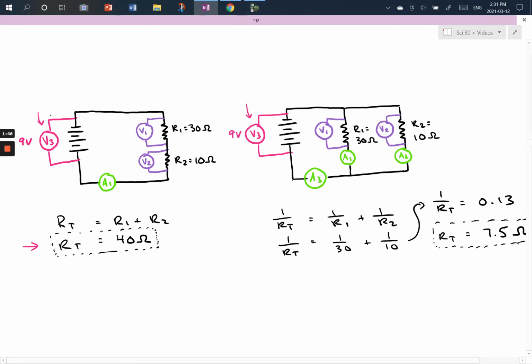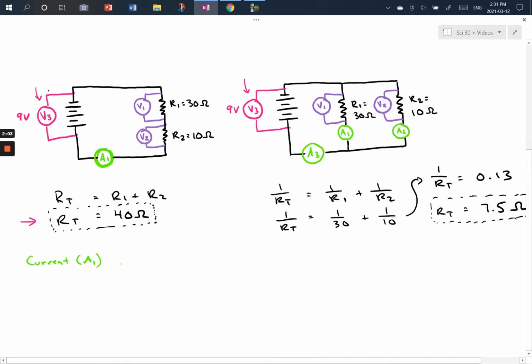Okay, I'm going to go to green here, and I'm going to calculate the total current in the circuit. I'm going to be calculating A1 on this one right now. So the total current at A1, we're going to use Ohm's law: I equals V over R. We're going to take that total voltage of 9 volts and divide it by the resistance of 40 ohms.